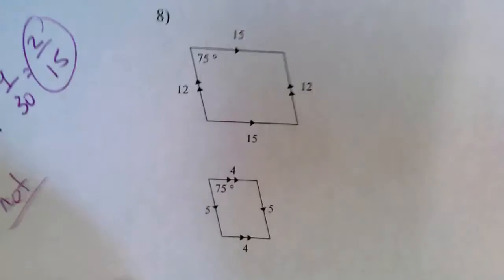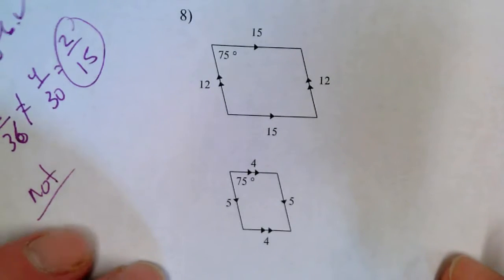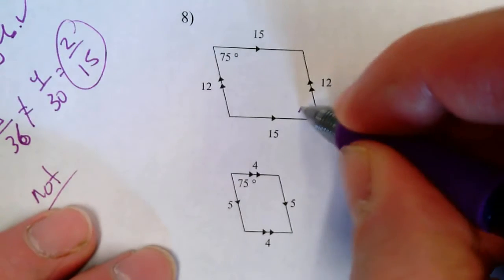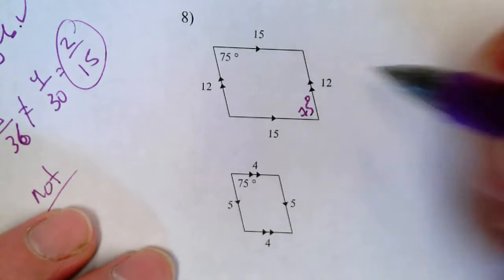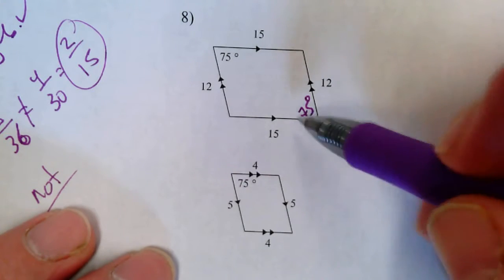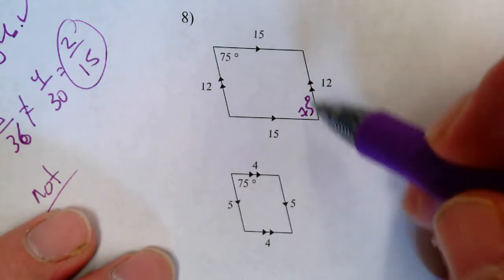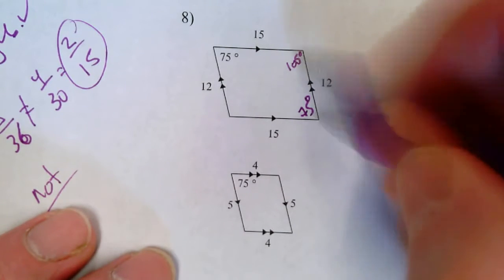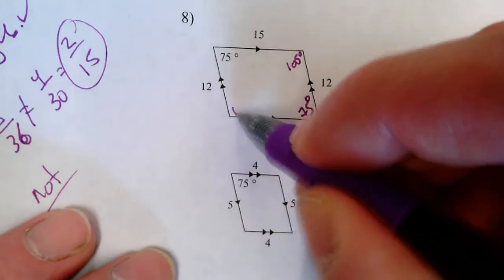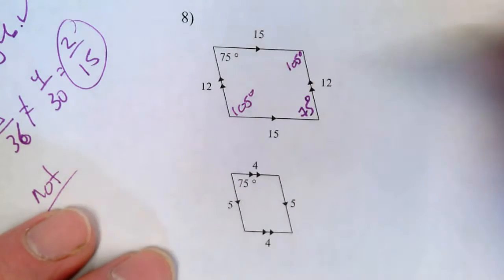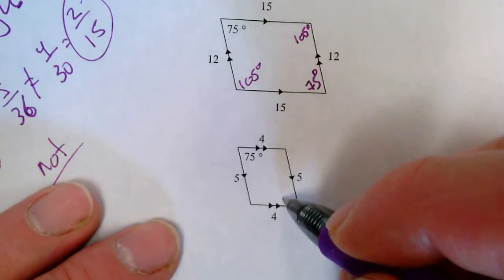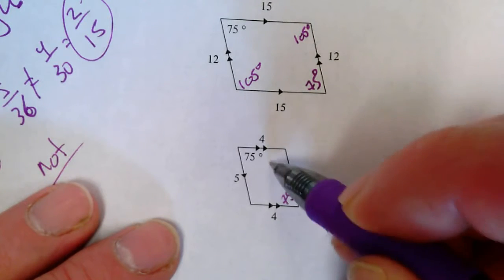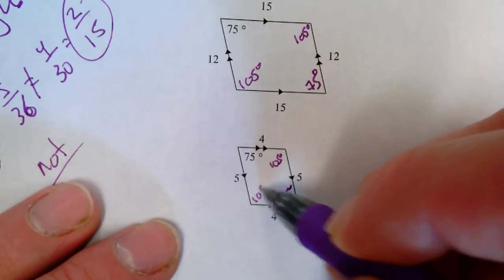The last one, we're dealing with some parallelograms here, and notice that's 75 degrees, so that's 75. Because these are parallelograms, all the sides are parallel, so this is going to be 105 because these two angles need to be supplementary, and this is going to be 105 because these two angles need to be the same. And then down here we're dealing with the same thing, so 75, 105, 105.